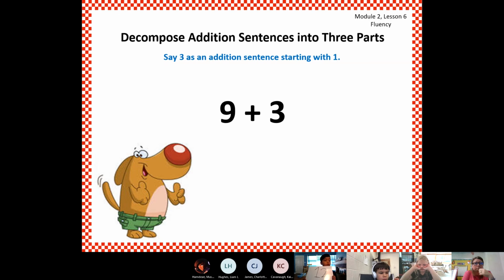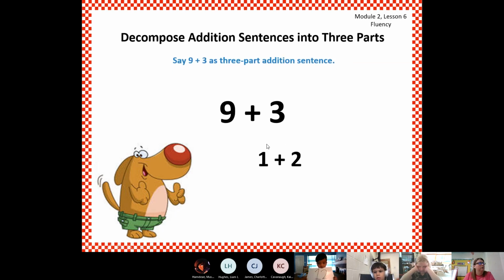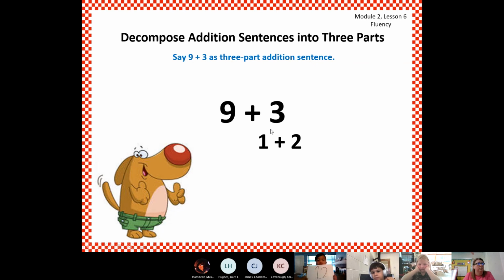Good, Charlotte. All right, so good. So 10 plus 2 equals 12. So 9 plus 3 equals 12. All right, so down at the bottom, they did their number bond, 1 and 2.